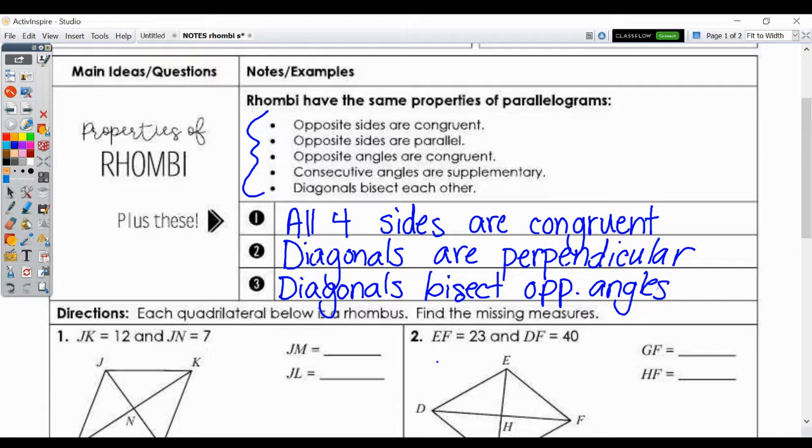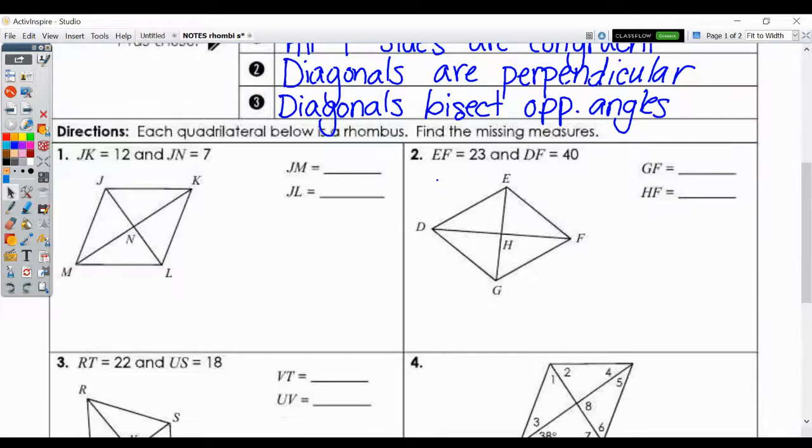Okay, so let's look at a couple of examples. Let's look at number one. It says JK is 12. So that means JK right here is 12. And JN, which is this little piece right here, is 7.